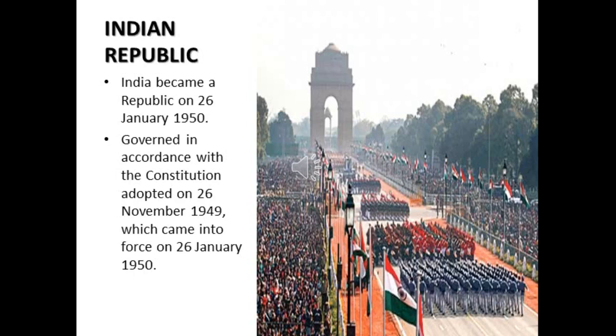India became a republic on 26th January 1950. It is governed in accordance with the constitution adopted on 26th November 1949. Adopted means accepted by our parliament members, our elected representatives. That constitution came into effect on 26th January 1950, so we celebrate Republic Day on 26th January.